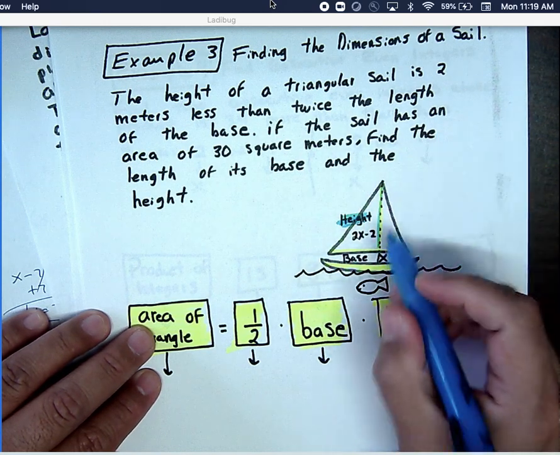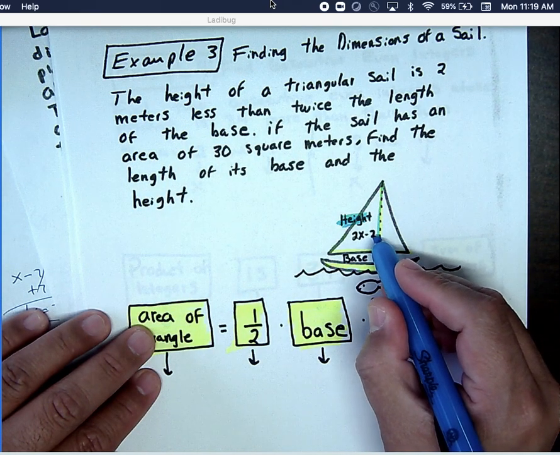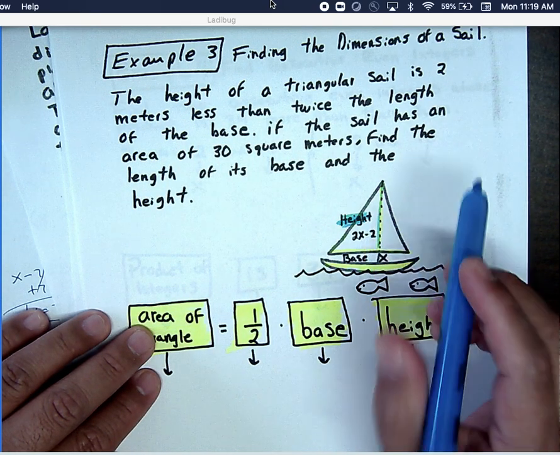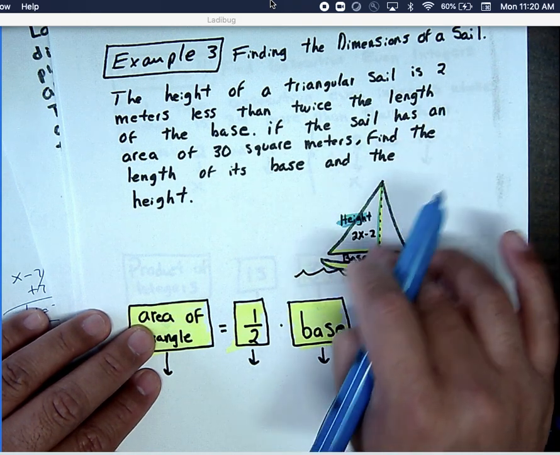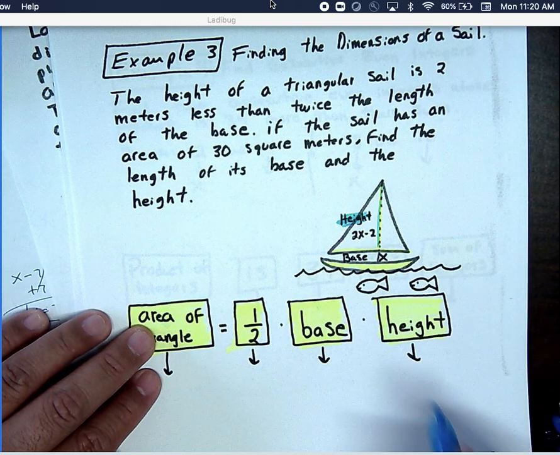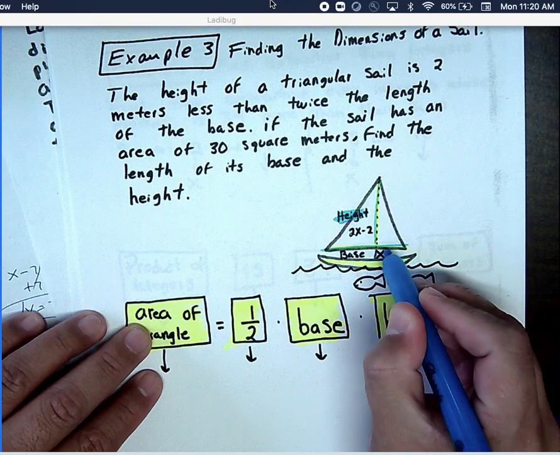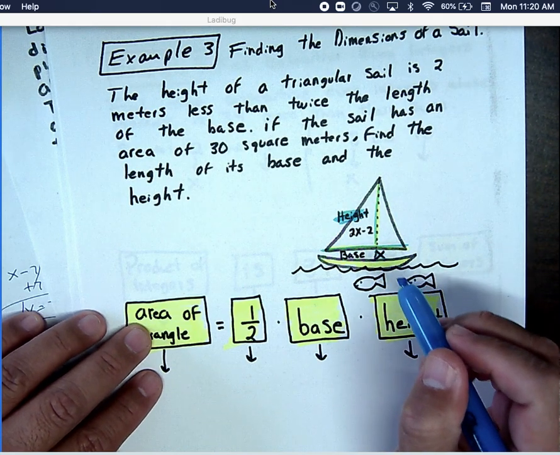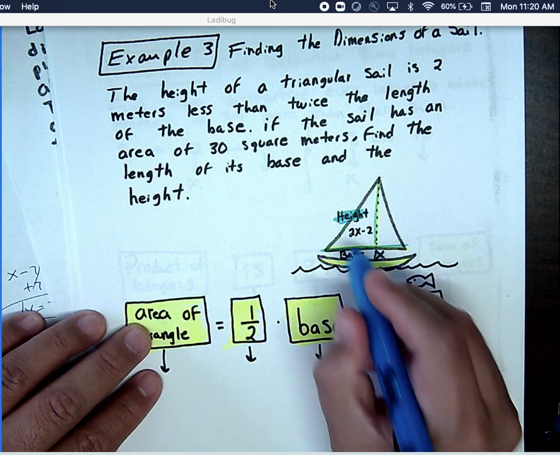They're saying it is 2 meters less, that's why I have minus 2. Then twice the length, so 2x. We don't know what the length is, so we're going to name it x. It's also the base, the length of the base.